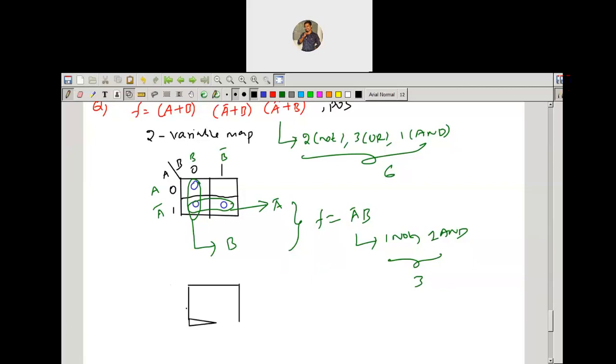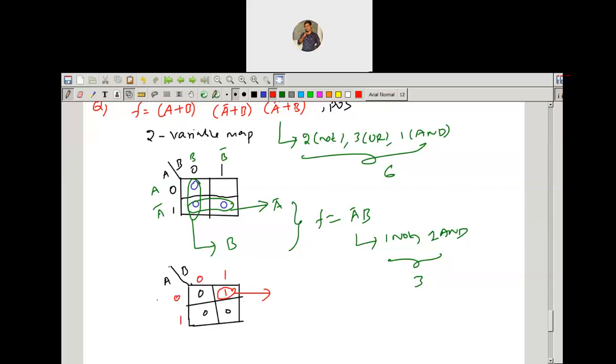The same question I will do in the other manner. A variable, B variable. It is filled with the 0, 0, 0. So the remaining is the min terms, 0, 1, 0, 1. Here, if I use the SOP representation, you can group only one cell, as there is only one min term. For this cell, what is the expression?